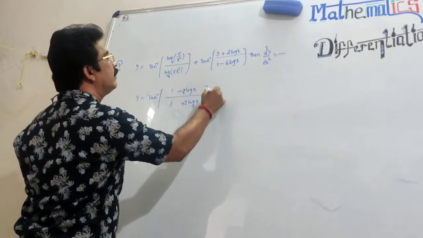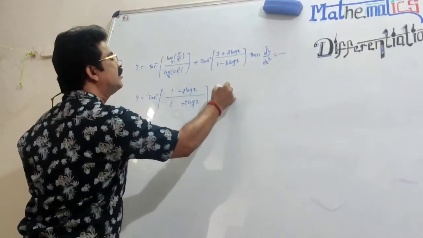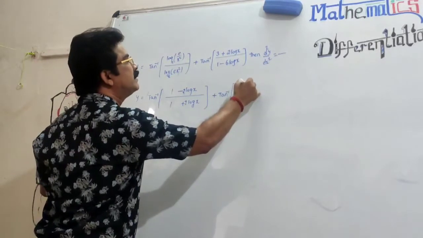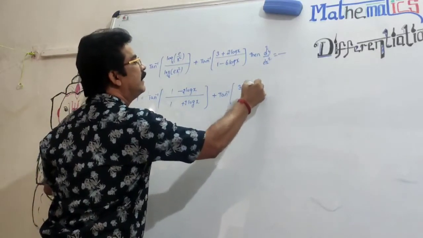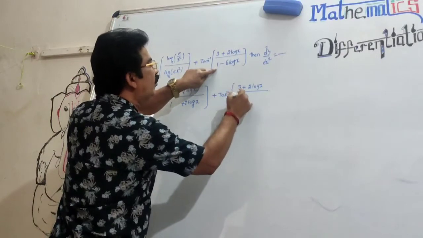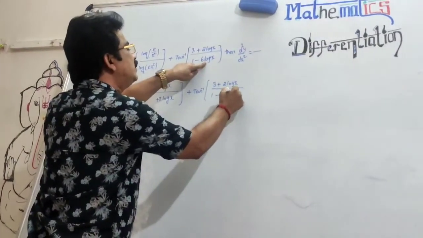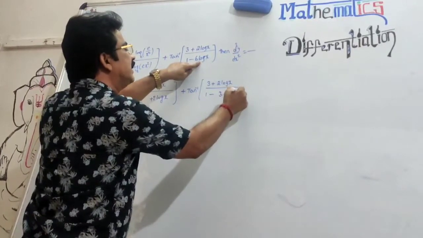So next term, tan inverse of (3 plus 2 log x divided by 1 minus 6 log x), where 6 log x can be 3 into 2 log x.